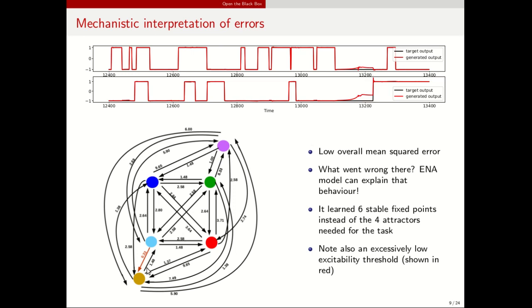And so this excitable connection has been activated because this number, which represents the excitability threshold, is quite low, and that's what happened here. And that's very cool because it allows us to have a mechanistic interpretation of what's happening here, which wouldn't have been possible with, for example, the mean square error. And that's cool.